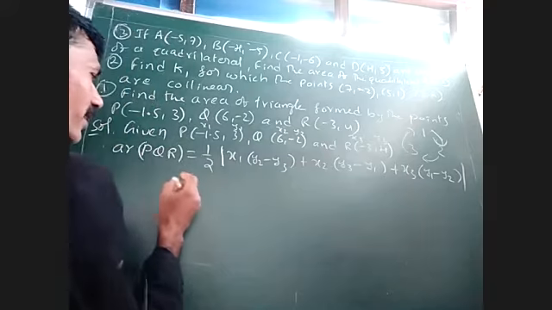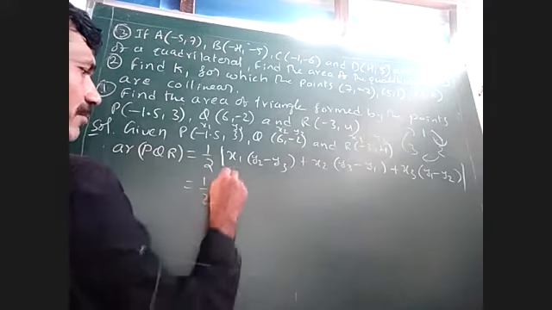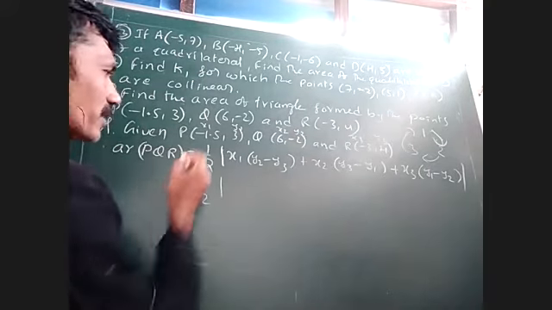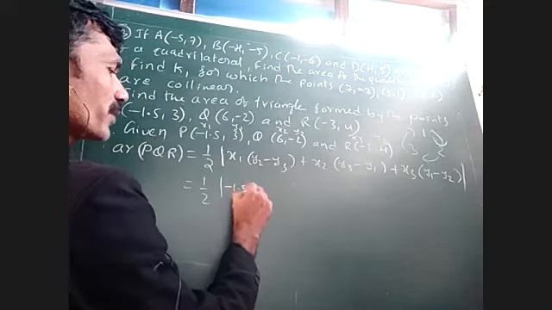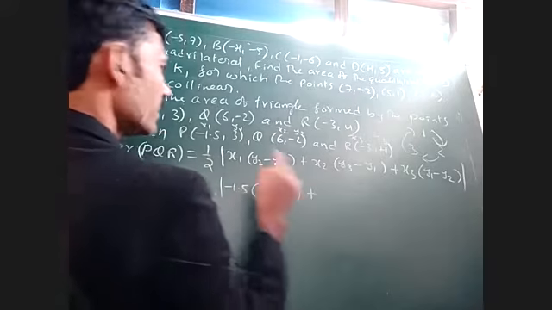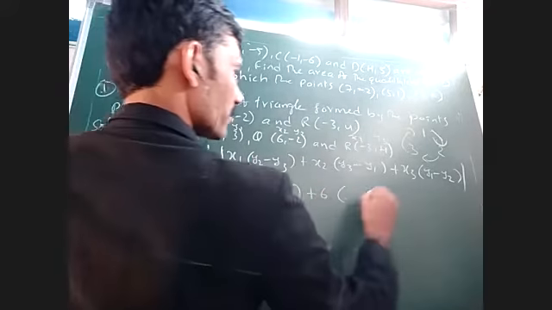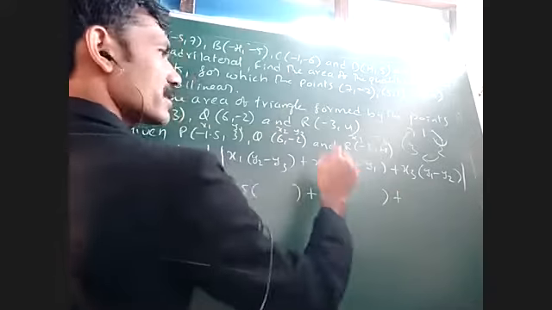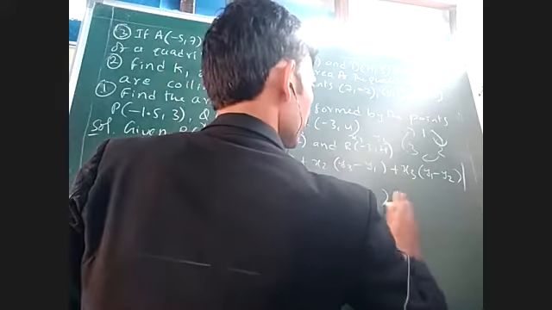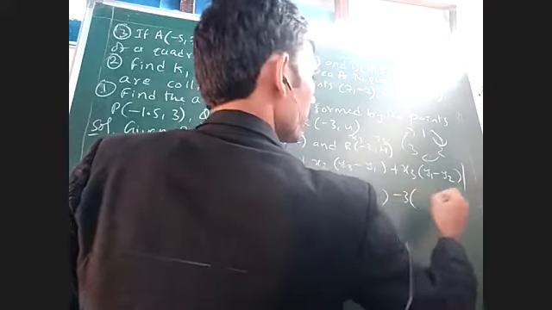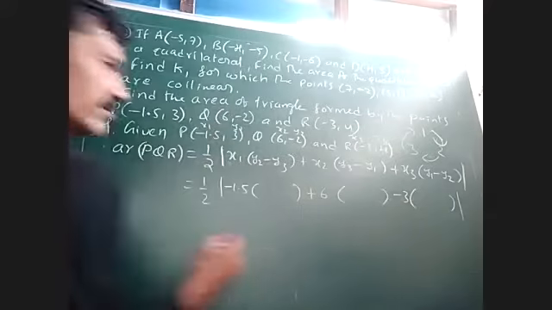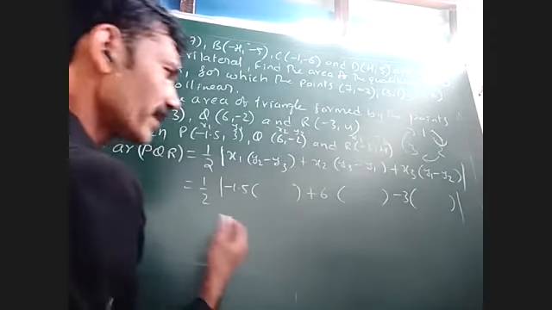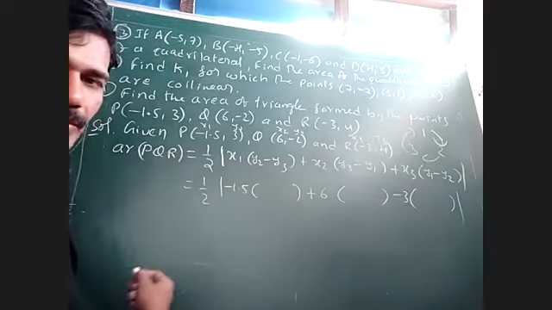Next, the same way, we will solve. X1 is minus 1.5, we write it in brackets. X2 is 6, in brackets. X3 is minus 3, in brackets. Now the abscissa values are over, now the ordinate values. Difference of two terms we have to take.